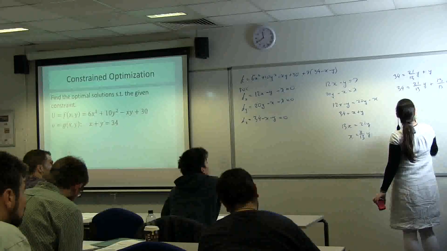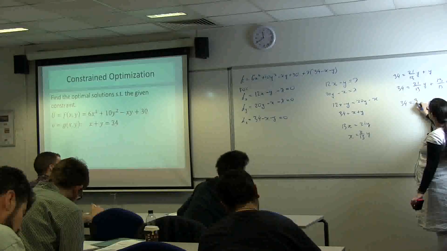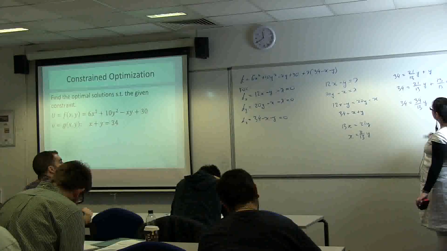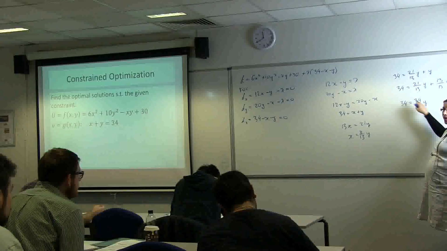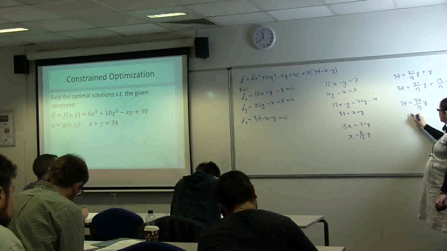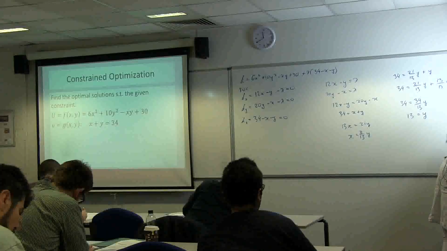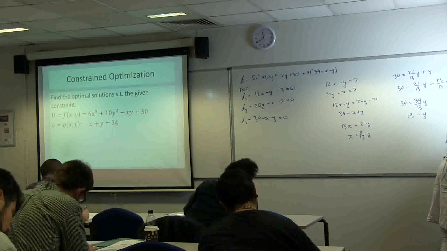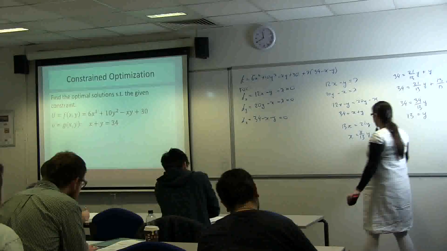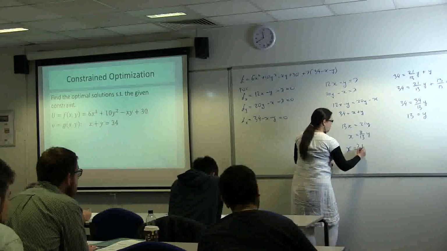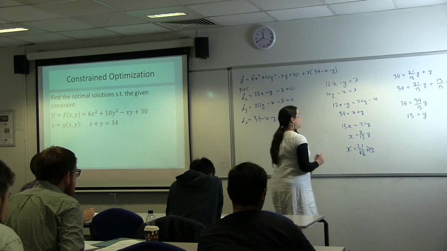So 34 equals 21 plus 13 gives me the 34 over 13y. So I can multiply by the 13, divide by the 34. So 13 is equal to my y. And if y is 13, then what will be x? 21 over 13 times 13, so x is 21.